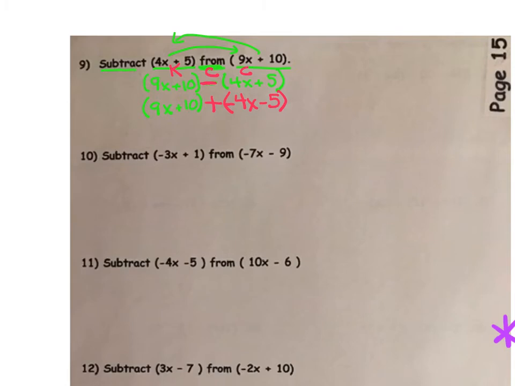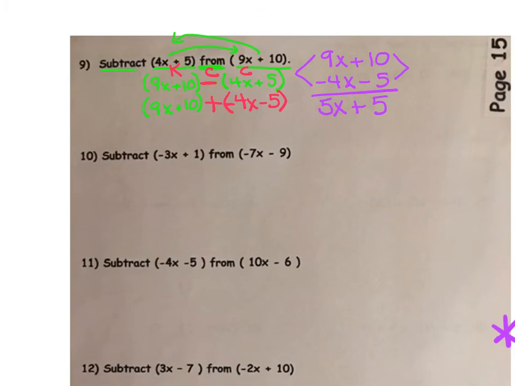Now that it's written as an addition problem, we can stack and combine. We take 9x plus 10 and negative 4x minus 5, and we combine our terms. When we combine this gain and loss, we get a gain of 5, and when we combine 9x and a loss of 4x's, we get 5x's.